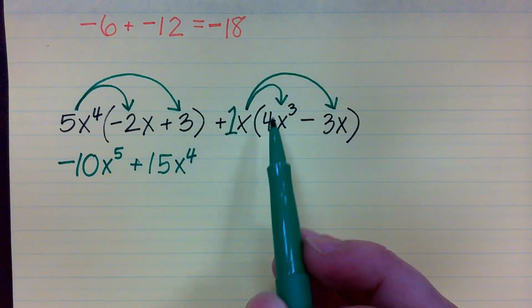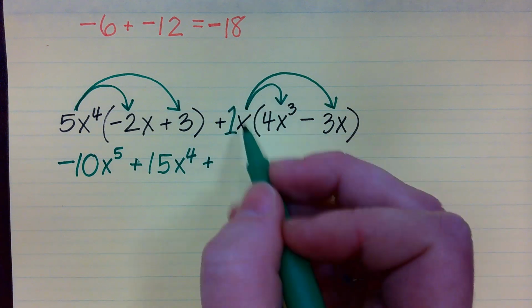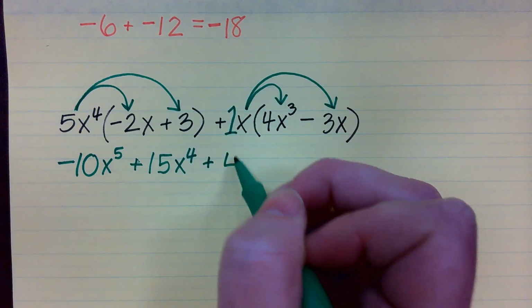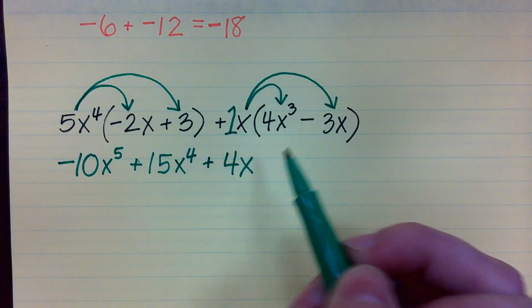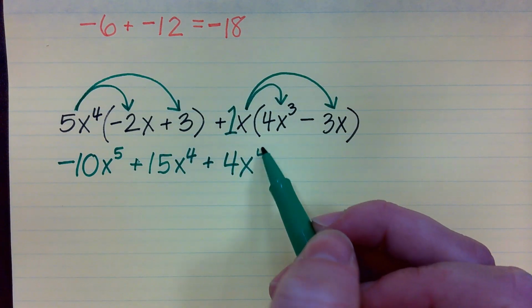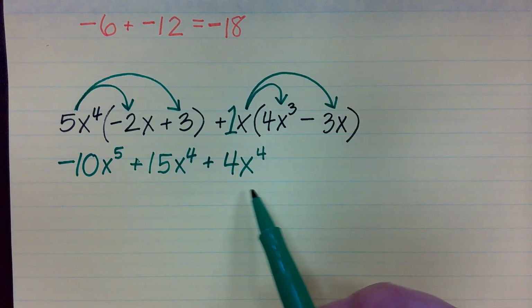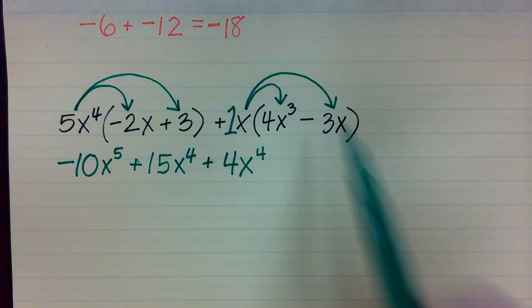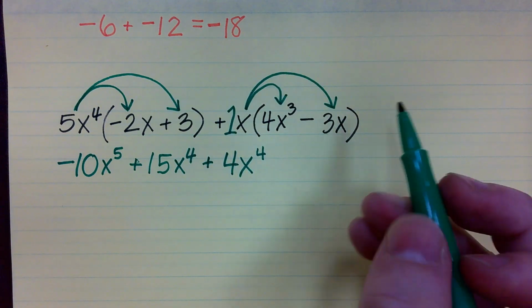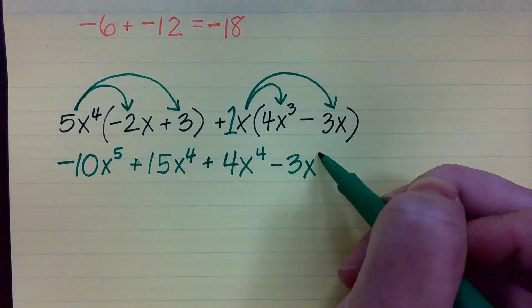This is just 4, just an extra x. The only thing that's changing is we're multiplying x. So we have 4x, and what's my exponent? 4. To the 4th power. Good. Perfect. Okay, same thing to the next term. What is x times negative 3x? Negative 3x squared. Yes, negative 3x squared.